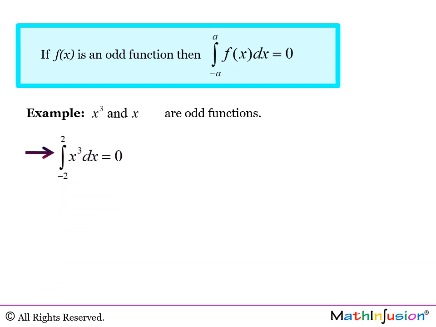And indeed, the integral, for example, of x cubed dx between negative 2 and 2 is 0, and also the integral of x cubed dx between negative 5 and 5 is 0. Also this one is 0, and also this one. And we know already that this is true for the function f(x) equals sine of x.